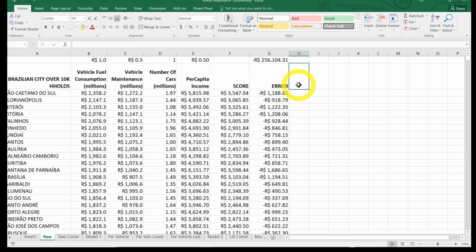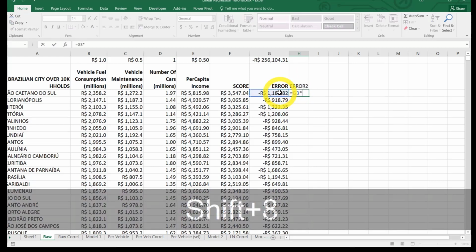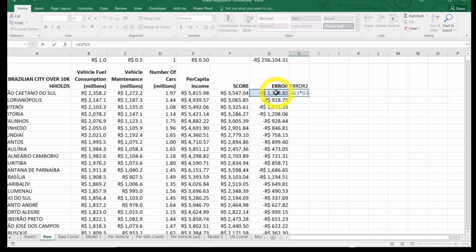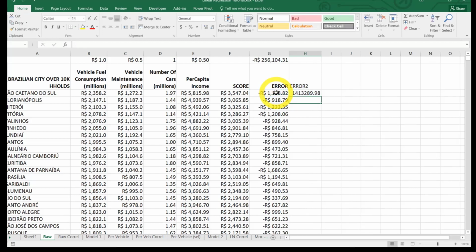So if I wanted to know the real accuracy of my estimate, I should use the error squared. My error multiplied by itself. Because now I am not going to cancel an overestimate with an underestimate. The squared error will give a better sense of how far off our estimates are. Because now, if I overshoot in one city and undershoot in another city, these things are not going to cancel out.